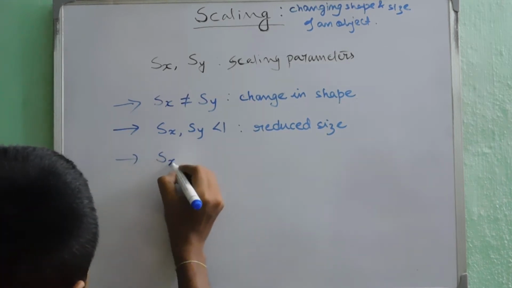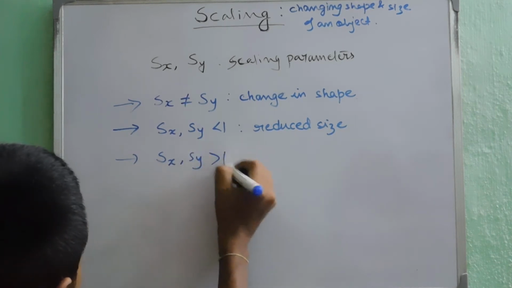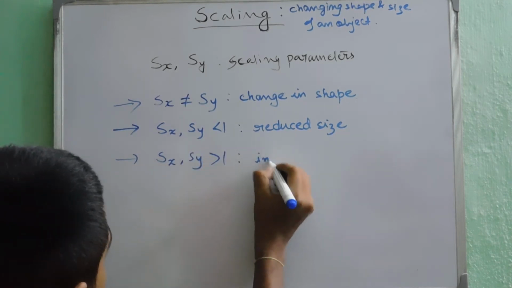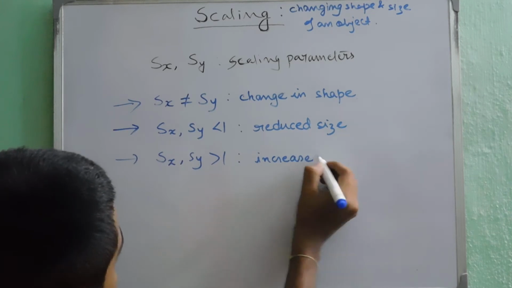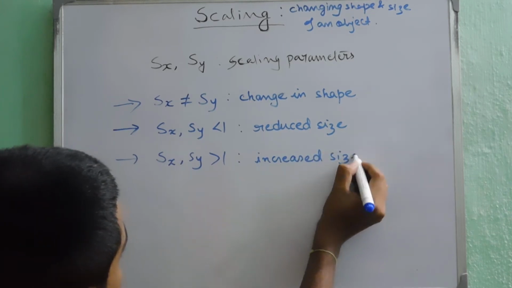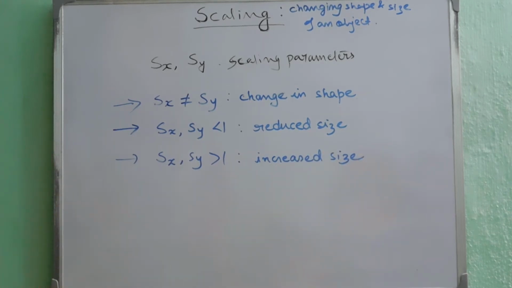And the final one is, if Sx and Sy are greater than 1, that means increased size. So if the scaling parameters are greater than 1, then the new object after scaling will have larger size than the original object.